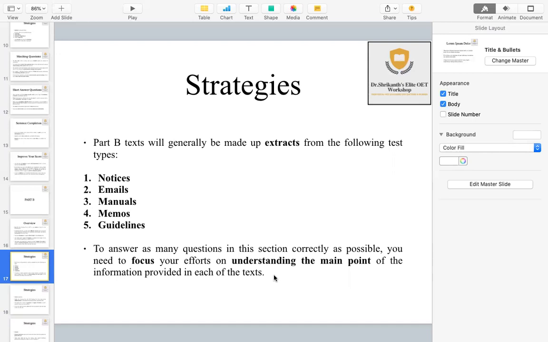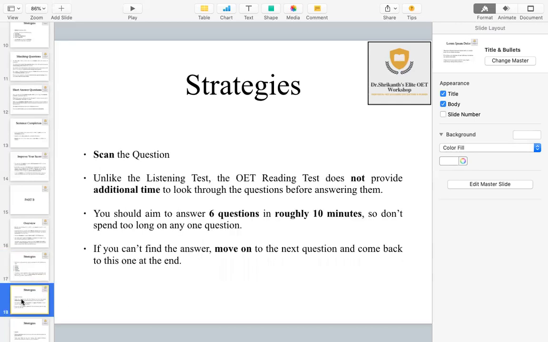Luckily, in part B of the OET reading module, all the texts are very short. It's not too long, not too elaborate. So read the short text, understand the main point of it, and once you understand it, paraphrase it in your own words and make short notes in your question paper booklet. There is no harm in doing that.